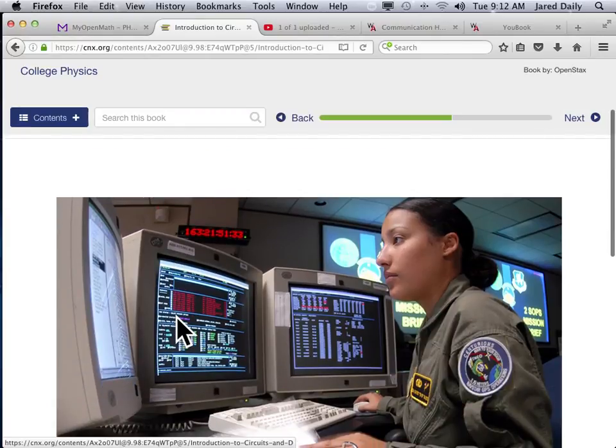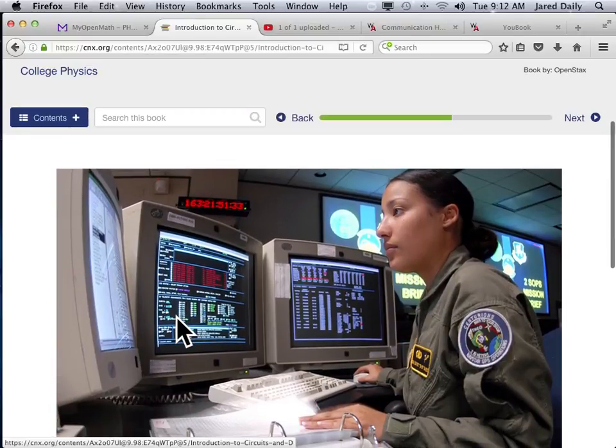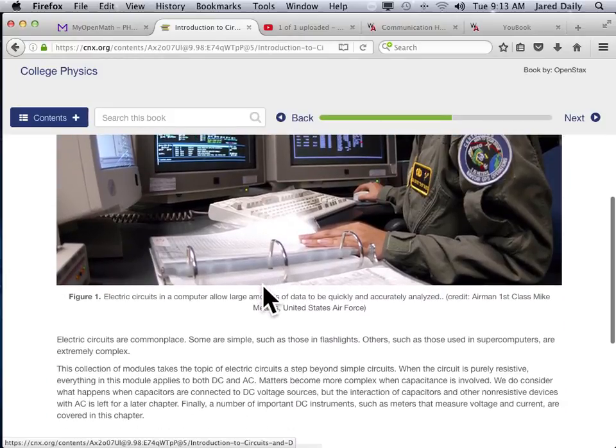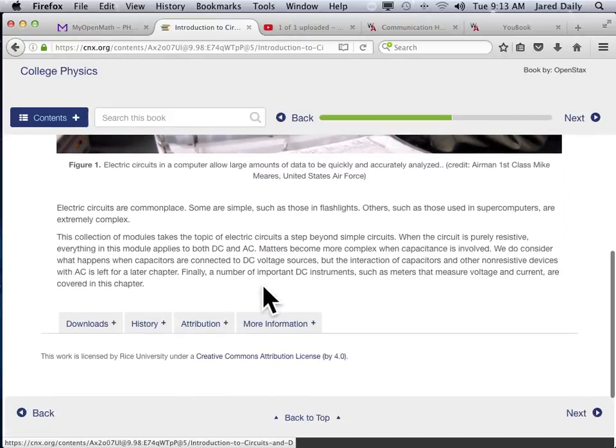I love this picture because it's got a little mix of both the old and the new. It's got these old CRT monitors made by IBM. It's got some flat screens in the back here, which we're more familiar with these days. But this is certainly a few years old, this picture.